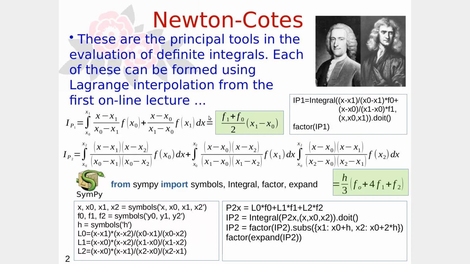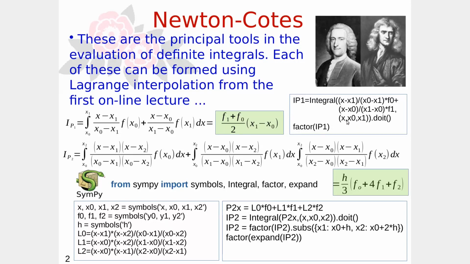If you don't want to go through the integration process, then the commands in SymPy are here. So this is to find the integral of x minus x1 divided by x0 minus x1 multiplied by function f0, which essentially is a SymPy representation of this first integrand, and then the second integrand is x minus x0 divided by x1 minus x0 times function f1.